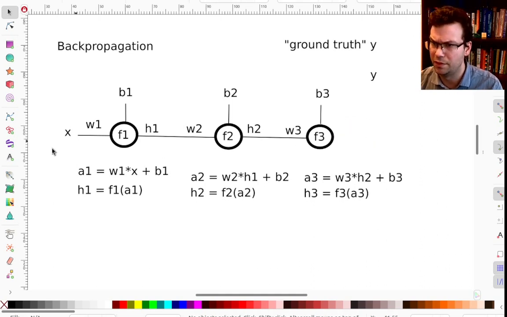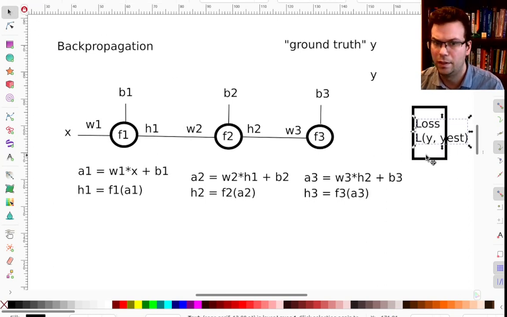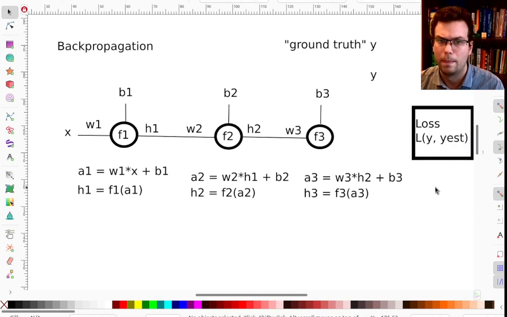So what I'm going to do is have a loss function. So here's my loss function, which is a function of Y and Y est. And this is something that I want to minimize at the end. So my h3 or my y_est is going to come out here.